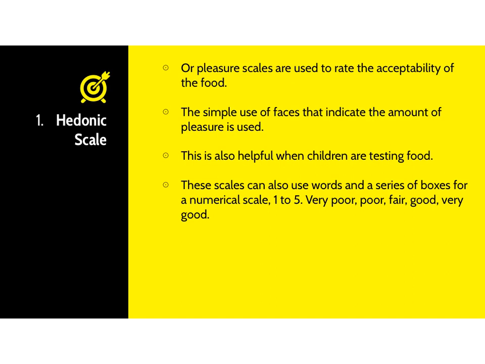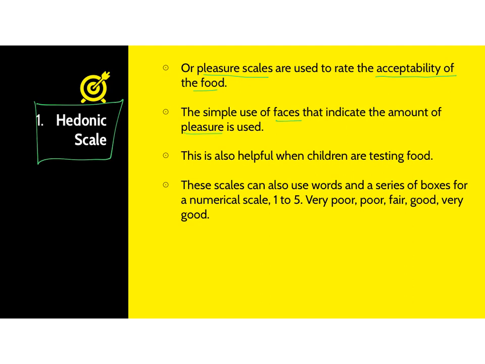Now, the first type of sensory assessment is using a hedonic scale. A hedonic scale is also known as a pleasure scale, and it's used to rate the acceptability of food. It uses a simple method of faces that indicate the amount of pleasure experienced when a person is consuming a food.